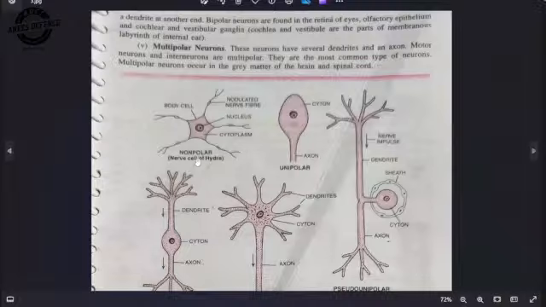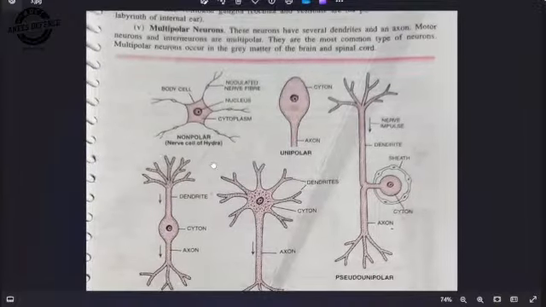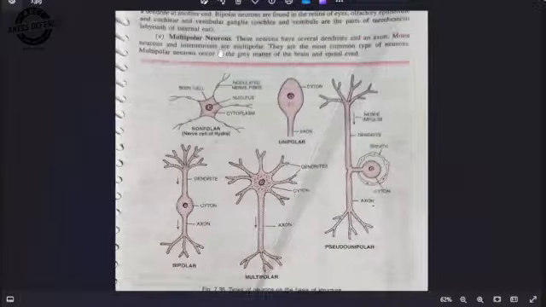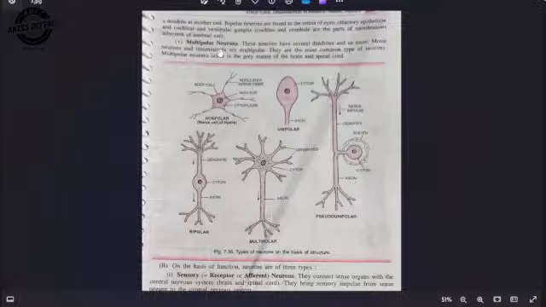Hope you can see the non-polar, apolar neuron, which is present in hydra. Is it clear? So the different types of neuron are non-polar, unipolar, bipolar, pseudo-unipolar, and multipolar. Clear? Yes, ma'am. Okay, let's continue.